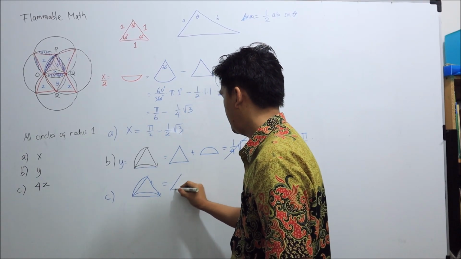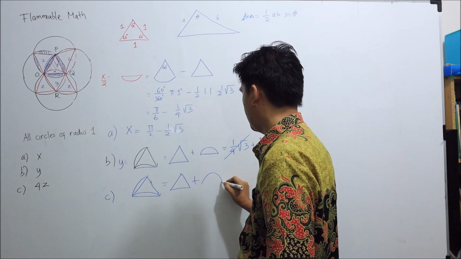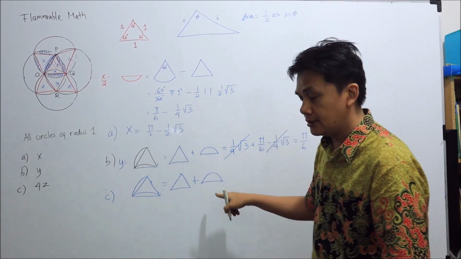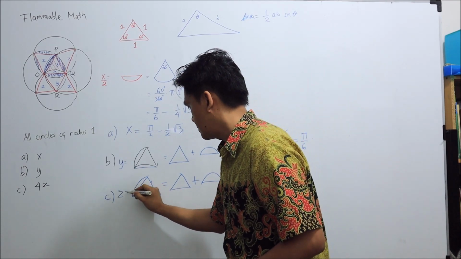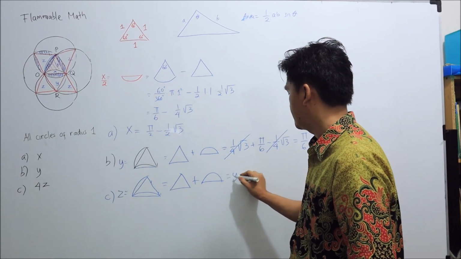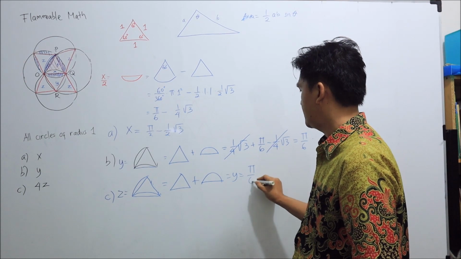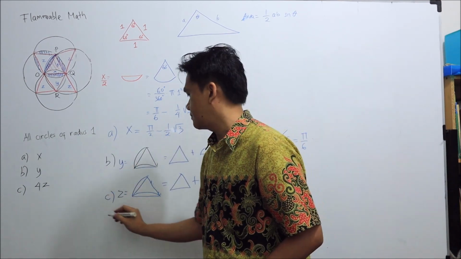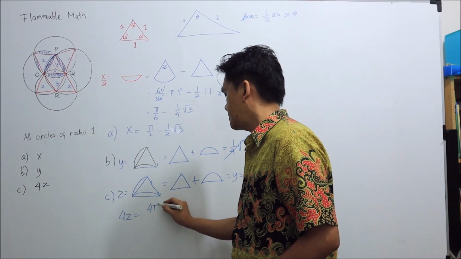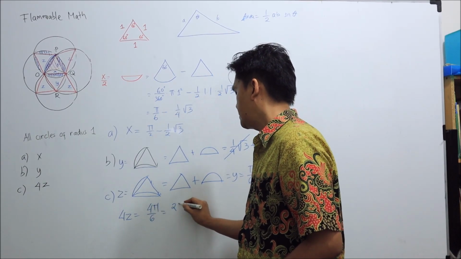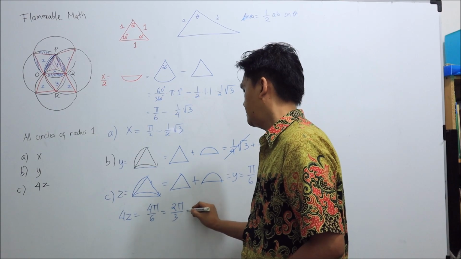So we have exactly one equilateral triangle and the circle segment, and this is Z. So Z is exactly Y, which is pi over 6. Therefore, 4 times Z is just 4 pi over 6, which is 2 pi over 3.